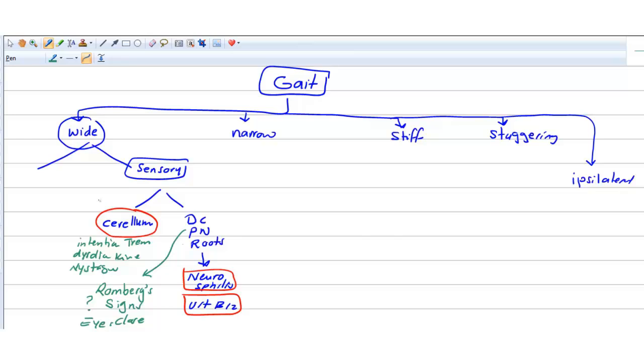Now, what else? One more thing I can put here. I don't know why I put ipsilateral there. One more thing we can add in cerebellum: usually those patients fall toward the lesion, and I think this is kind of interesting. So the patient falls towards the lesion.